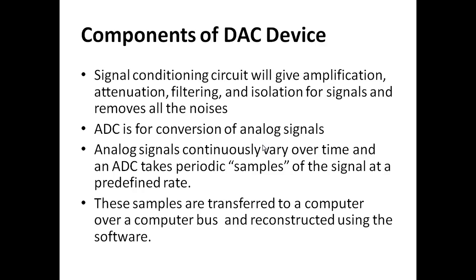These samples are transferred to the computer through the computer bus present in the DAQ system, and in the computer, using the LabVIEW software, we can get these values and reconstruct the data. Reconstruct means we can display or analyze. Display can be done using a graph or any indicator present in LabVIEW.